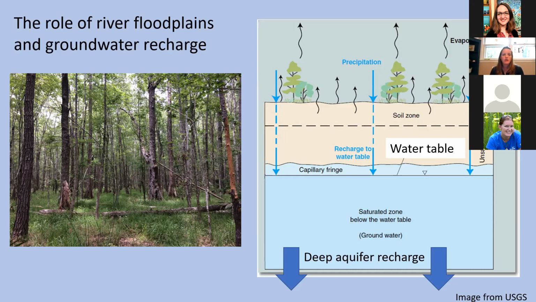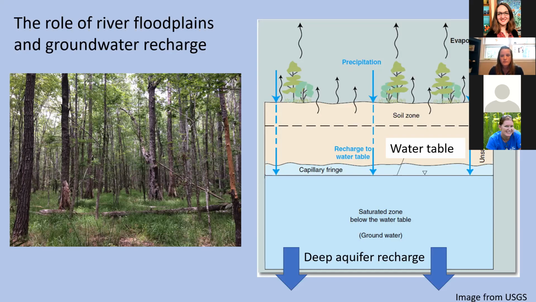Base flow of streams is particularly important as rivers enter estuaries. That's because the freshwater inputs are very important to support ecosystem functions, maintain habitat, and provide nutrients for downstream communities.